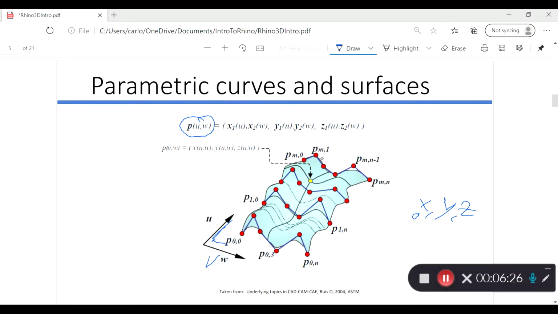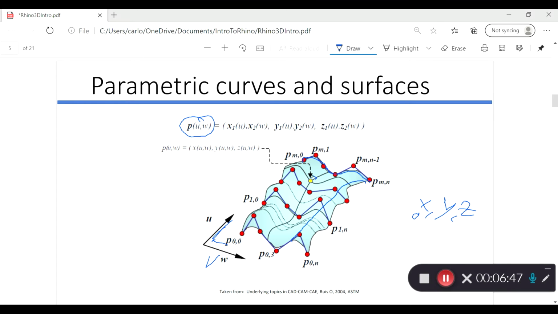So for instance, a curve, this curve, has points P_0, P_1, all the way to P_{n-1}, P_n. A family of curves form a surface.